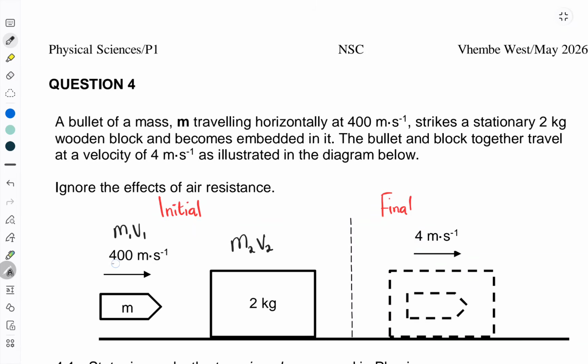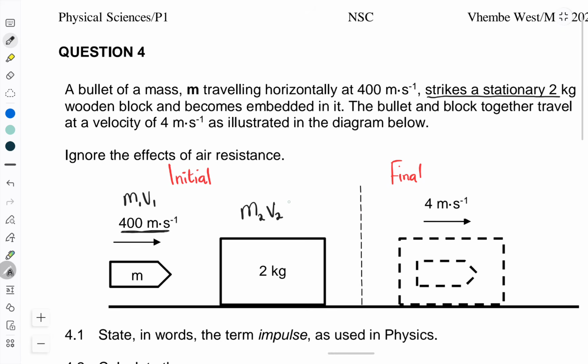I was told that the bullet was initially traveling at 400 meters per second, and then it strikes a stationary block. If this block is stationary, then V1 is equal to 400 meters per second.